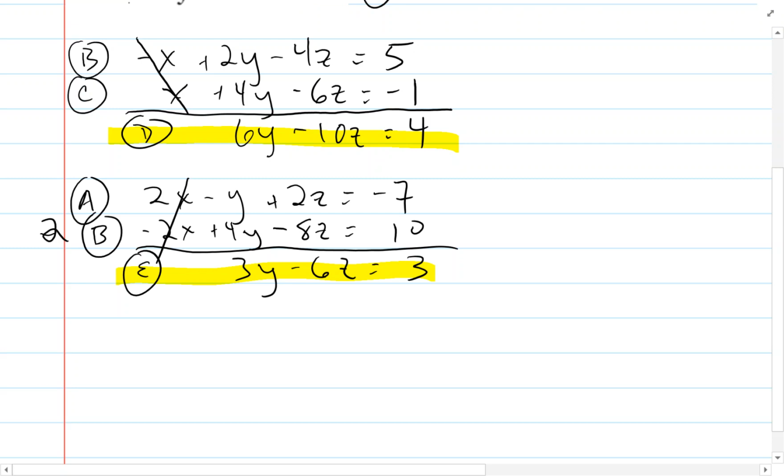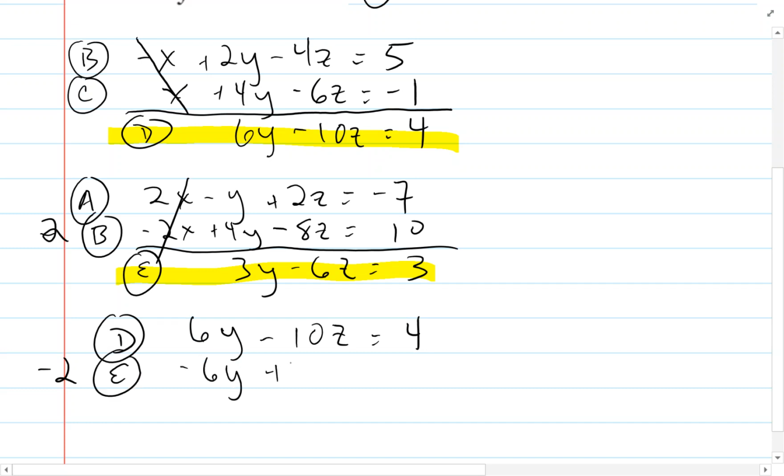And it looks like the y would be the easiest one to eliminate, and I can do that by just copying down D in its original state. 6y minus 10z is equal to 4, and then multiplying E by negative 2, that would give me a negative 6y plus 12z is equal to negative 2 times 3, which is negative 6.